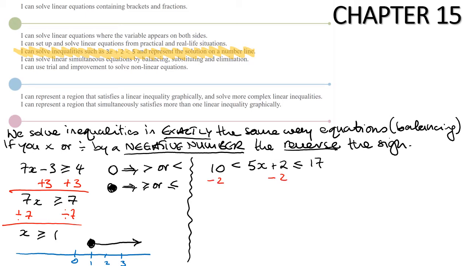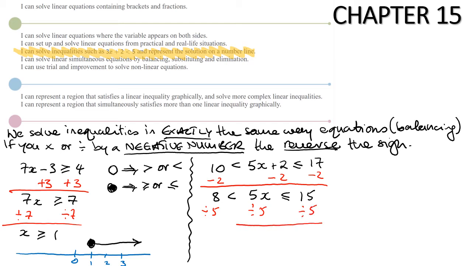So I'm going to take away 2 from all 3 sides. So I'll have 8 less than 5x less than or equal to 15, like that. Then I'm going to divide all 3 sides by 5, like this. So I will have 8 over 5 less than x less than or equal to 3.